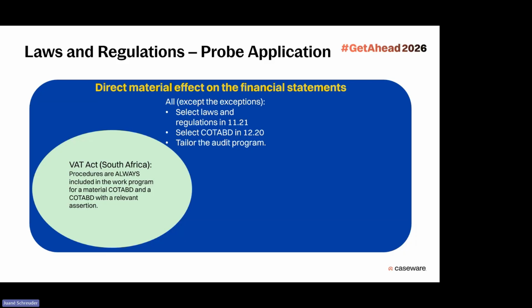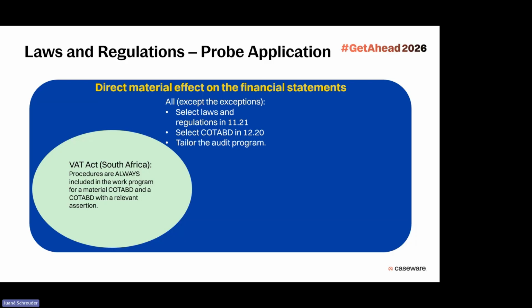So let's say like revenue or things like that with material balances, as well as those classes of transactions, account balances and disclosures that have relevant assertions. So in any of those cases, whenever we have a work program activated for an assertion, whether it's a risk or a selected assertion, there will be procedures for compliance with the VAT Act for those ones.